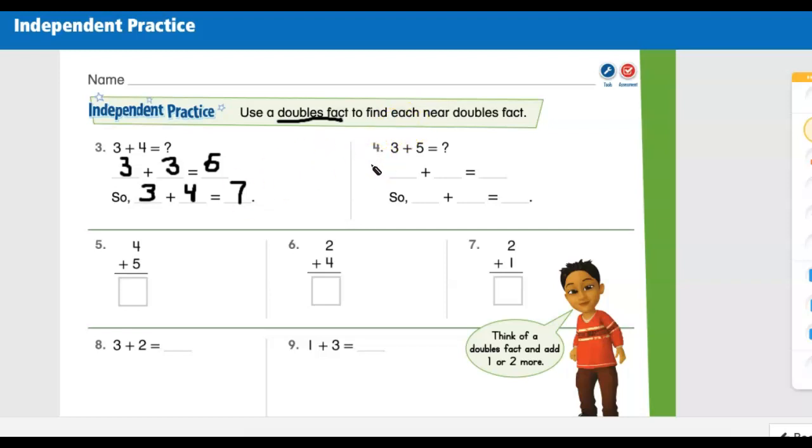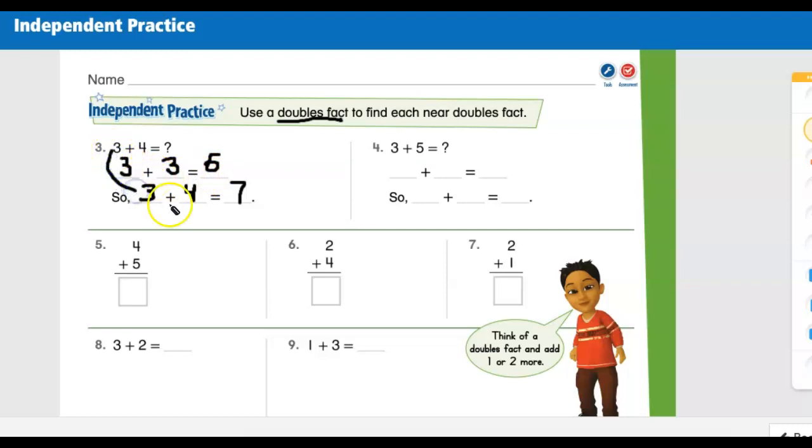On number 4, it says 3 plus 5 equals blank. So it wants you to use a doubles fact to solve for the near doubles fact. So if you look at how we solved number 3 together, we wrote our doubles fact, solved it, then wrote the addition problem that we were solving for.